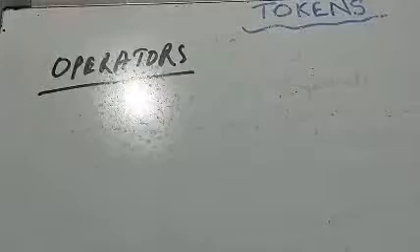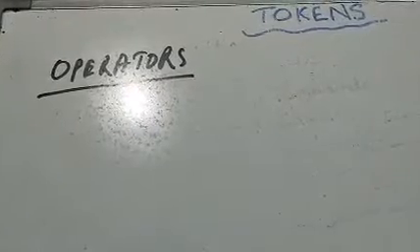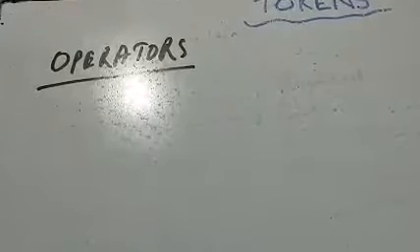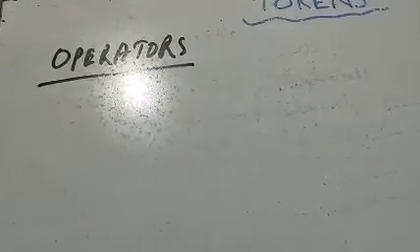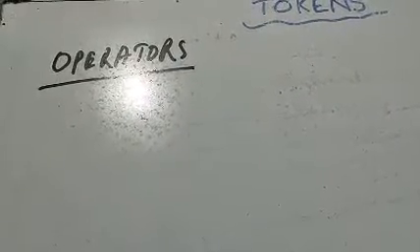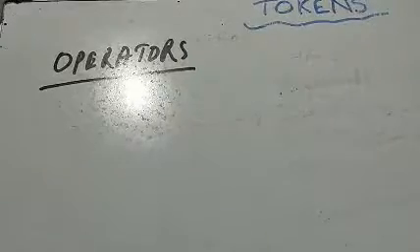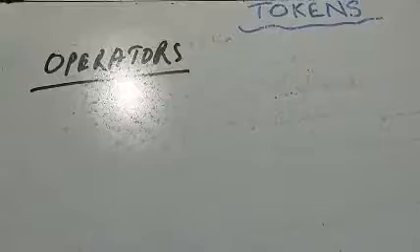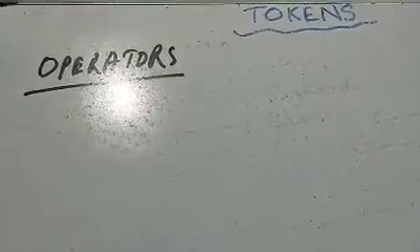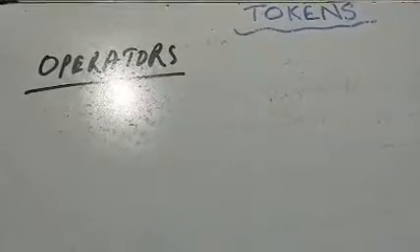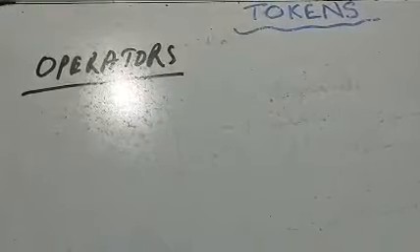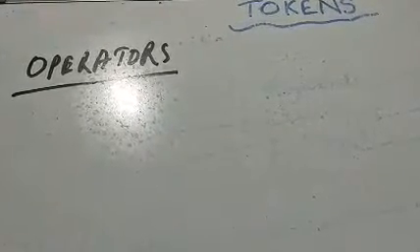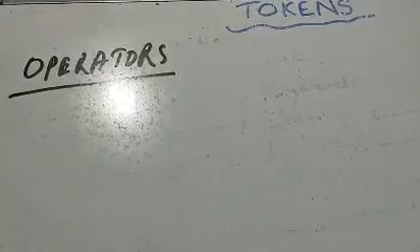Under the tokens, today we are going to discuss operators. Now, what are operators? Operators are the symbols that are used to carry out all types of calculations, that is, both arithmetical as well as conditional calculations.